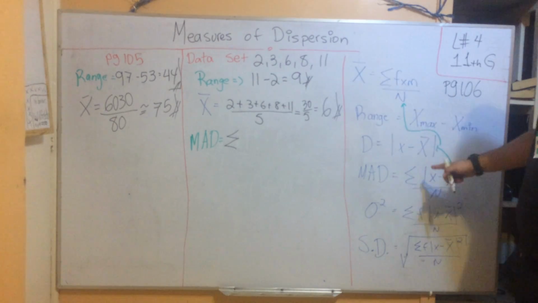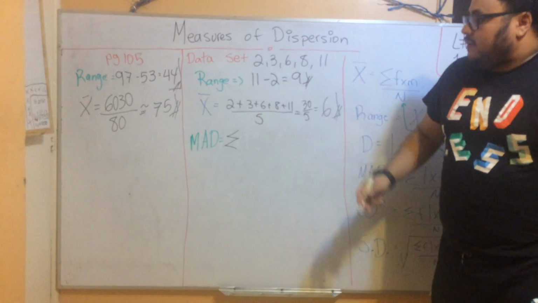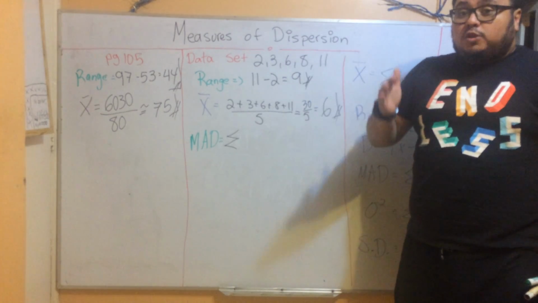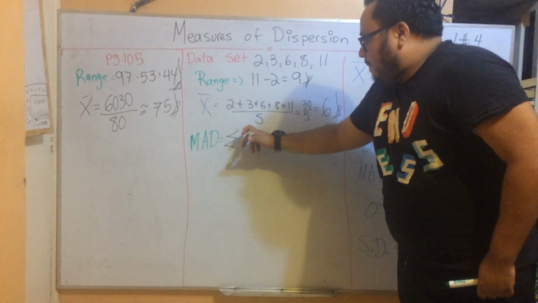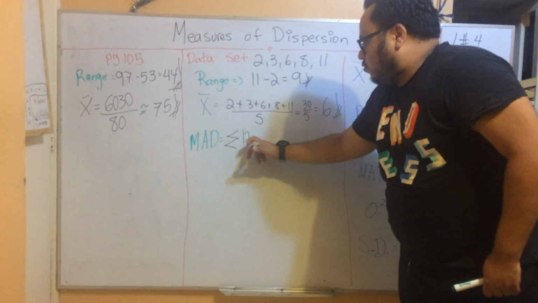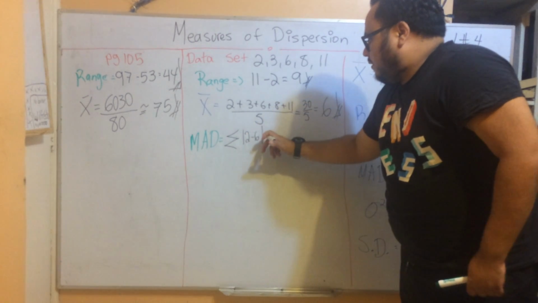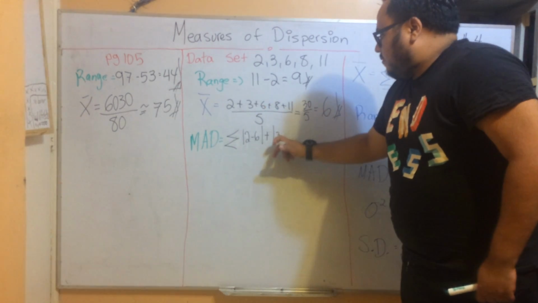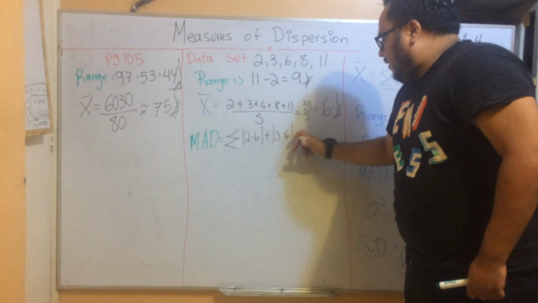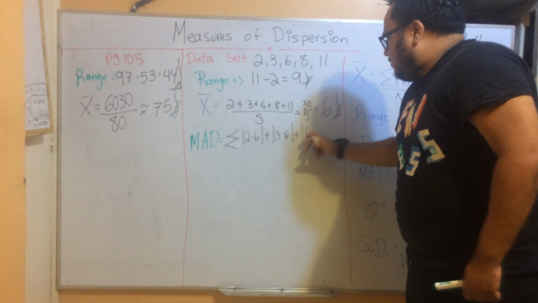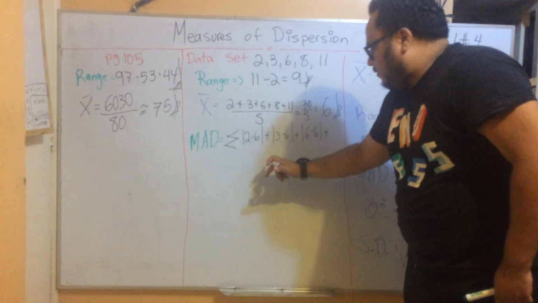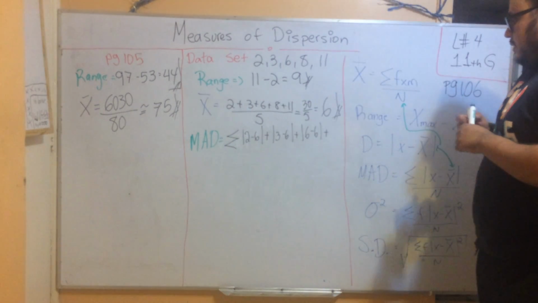So we take each number of the data and we subtract it by the mean. But remember, since we have an absolute value, it's always going to be positive. So we take 2 minus 6, absolute value, plus 3 minus 6, absolute value, plus absolute value 6 minus 6, plus absolute value. Oh, I don't have any more space.